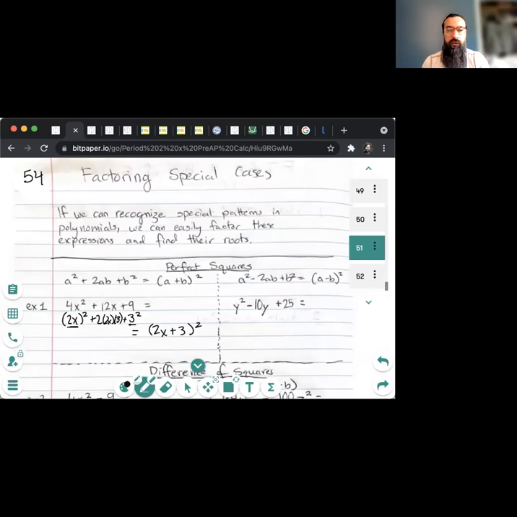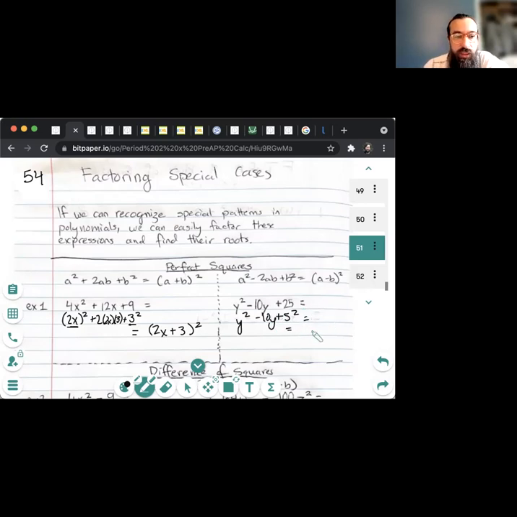All right, so hopefully you've gotten a chance to think about this, and you can see that it's a little bit more straightforward of an example. This time, a is just the y, so we've got y squared, and b is just 5 squared. And when you multiply 1y times 5 times a negative 2, you are going to get a negative 10y. So this checks out too. Of course, it's an example, it's meant to.